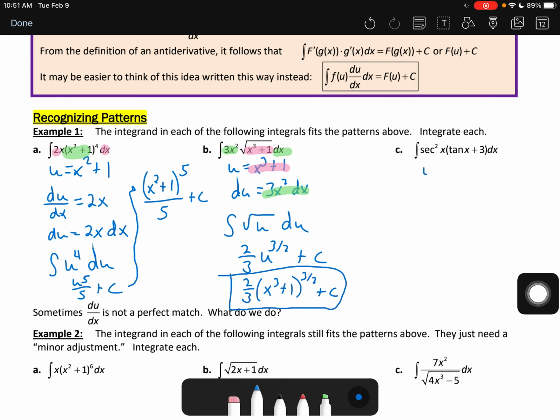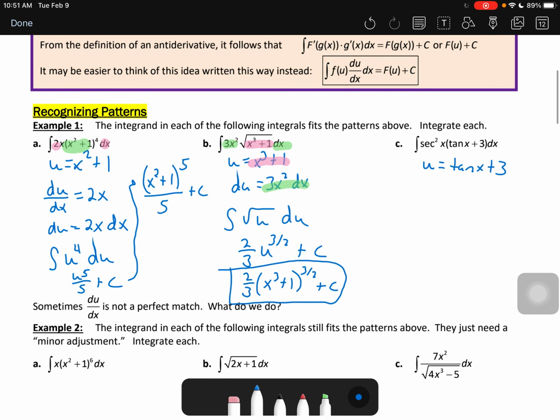So I want to let u equal tangent x plus 3. That way when I take the derivative, du over dx, and move the dx over again, that's secant squared, and the derivative of 3 is 0, so that disappears. I'm going to multiply that dx over to this side right away.